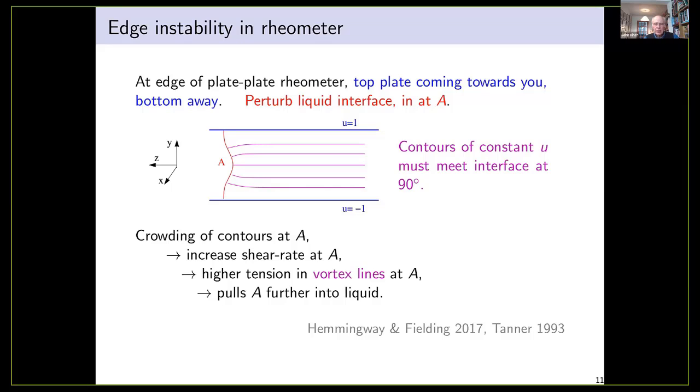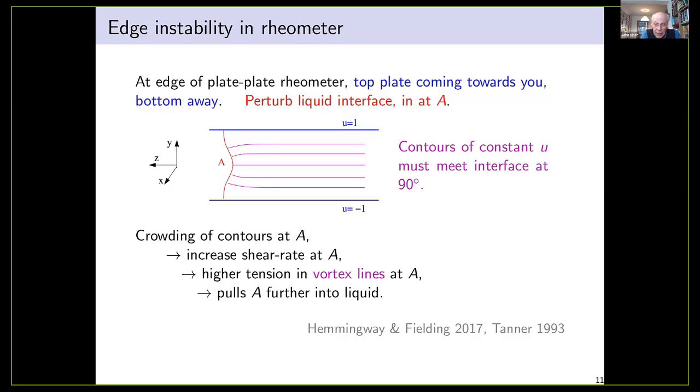People who have studied thermal problems with insulating boundary conditions know the same thing, that the temperature isotherms have to come in at right angles to the interface. Now this effect of coming in at right angles means that the contours have crowded around the point A, and this means there has to be therefore more change in the velocity u in the vicinity of A than normal.